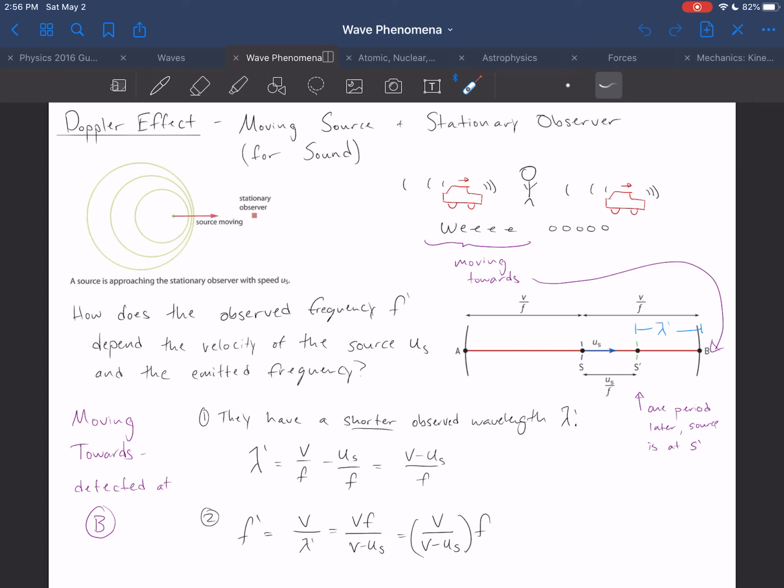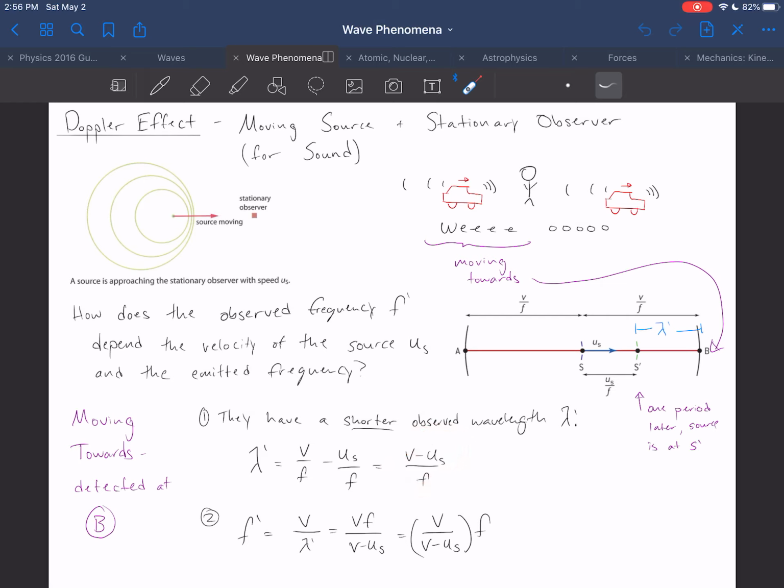So to find the detected frequency, right? This is the observed frequency, not the emitted frequency, but the observed frequency. We can then say that that's equal to the velocity of the wave in the medium divided by the observed wavelength, what we just calculated here. So we plug that in. We say that that is v, and 1 over lambda prime is this equation inverted.